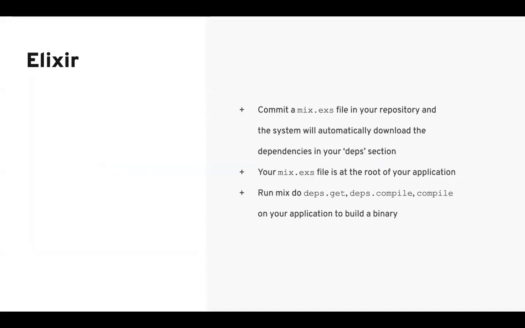Then your mix file should be at the root. When it gets committed, then it will do deps get, deps compile, and then compile on your application to build the binary. And the binary then is capable of running the application.